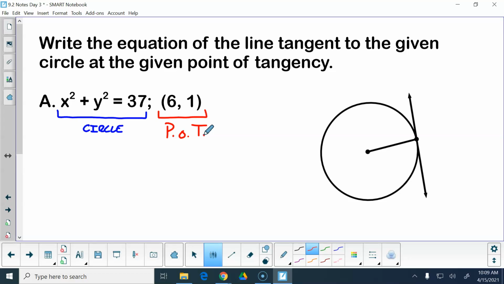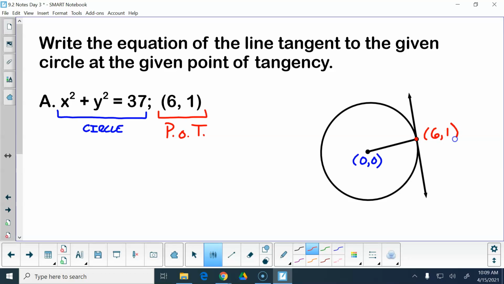So, based off of what you know about the circle, where is the center of that circle? At the origin. Yep, the center of that circle is at the point 0, 0. We know that this is the point of tangency.